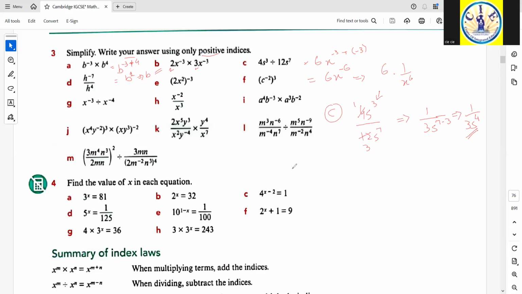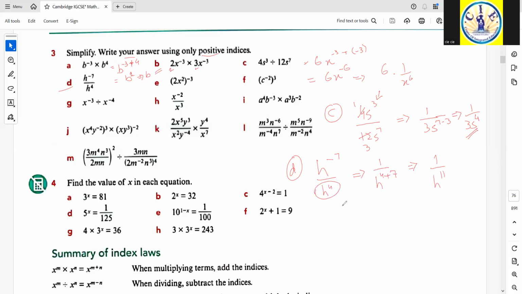Now for part D, h raised to the power negative 7 divided by h raised to the power 4. We can simplify it like 1 by h raised to the power 4 plus 7, which will give me h raised to the power 11. There is another way we can simplify it, like to shift this h raised to the power 4 in the numerator first.